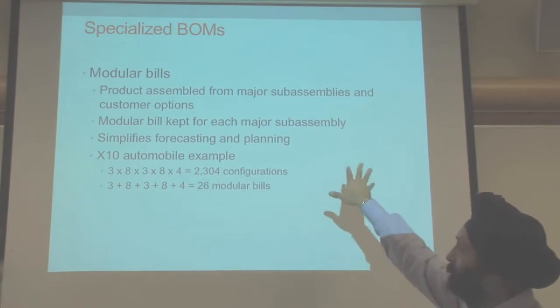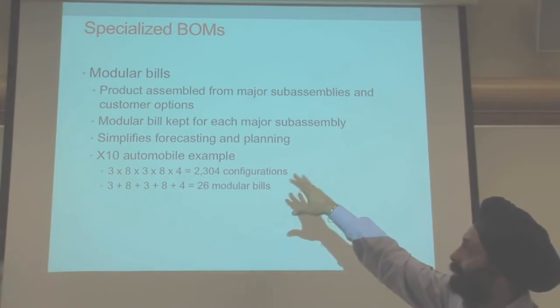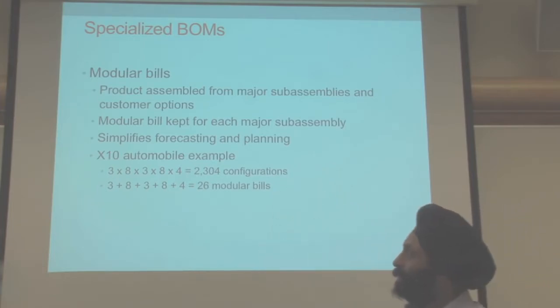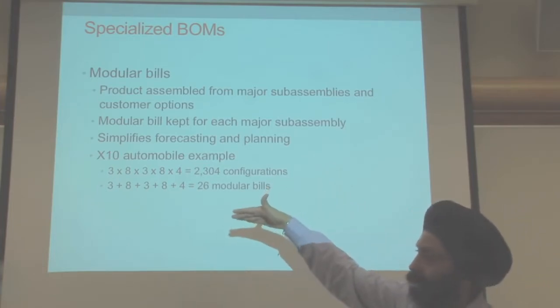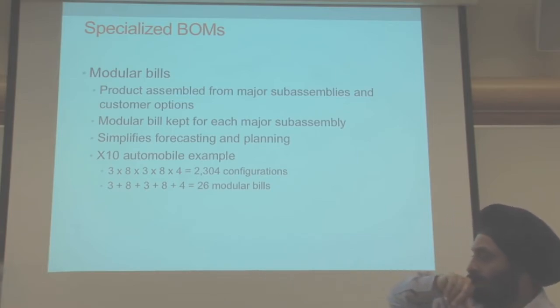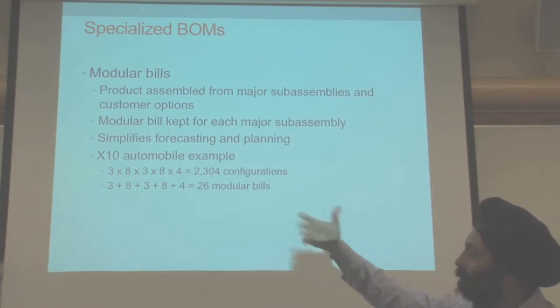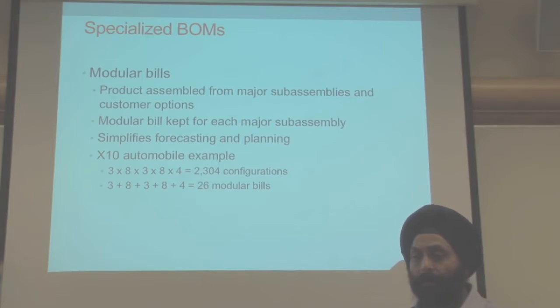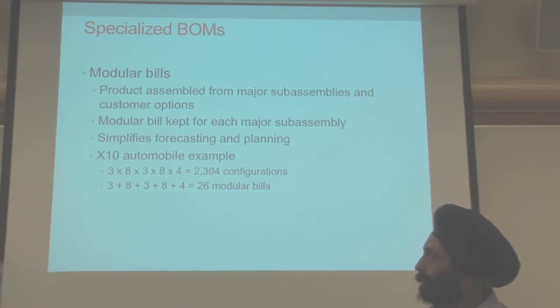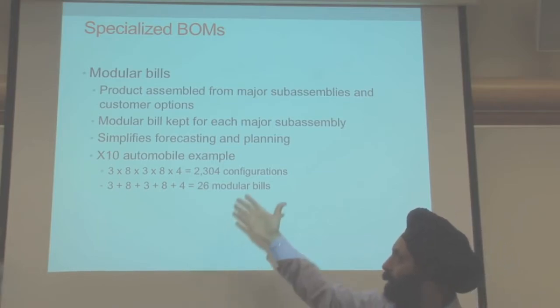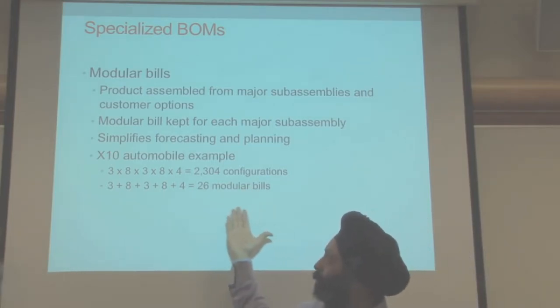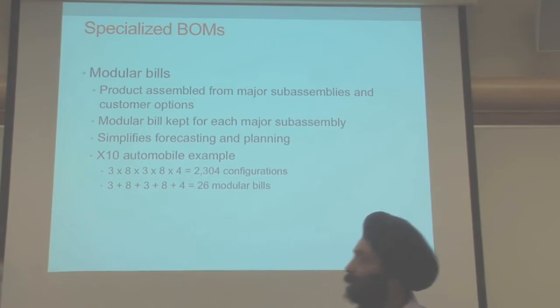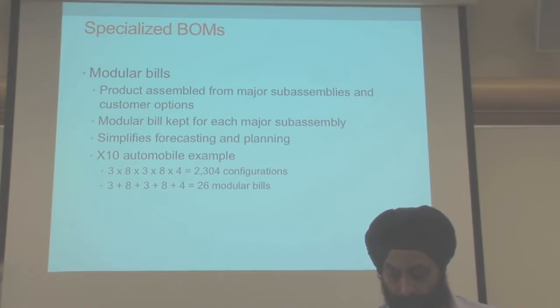Modular bills keep a bill for each major sub-assembly, simplifying forecasting and planning. So in this case, as we mentioned in the previous discussions of Honda versus Ford vehicles, when you keep the configurations lower, it makes it a lot easier. So you have 26 modular bills that can allow for almost 2,300 various configurations of a product in this case.